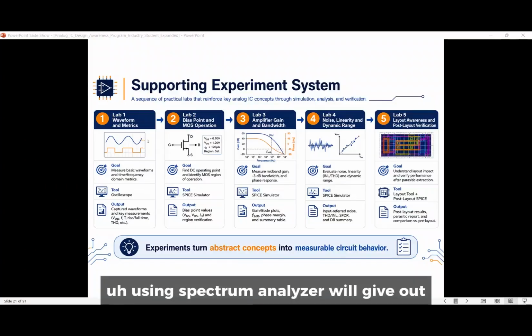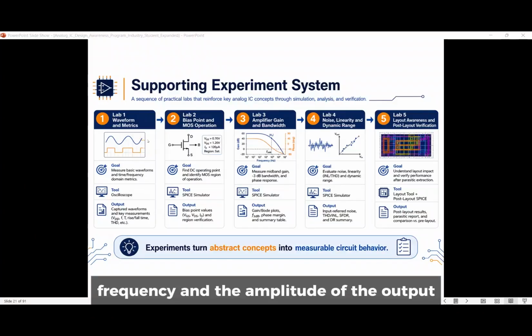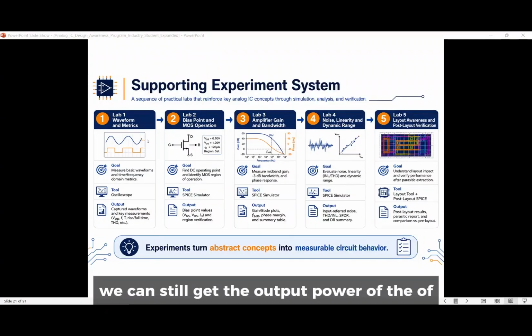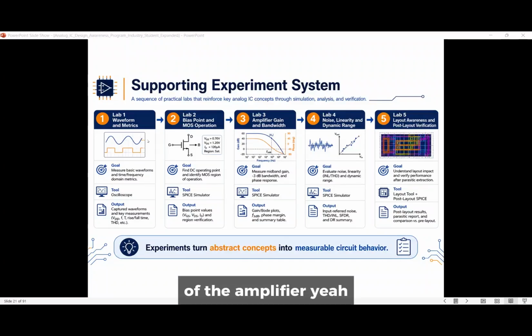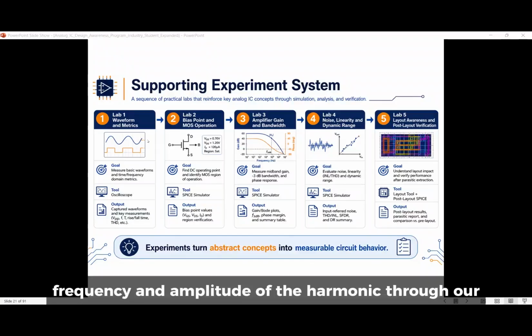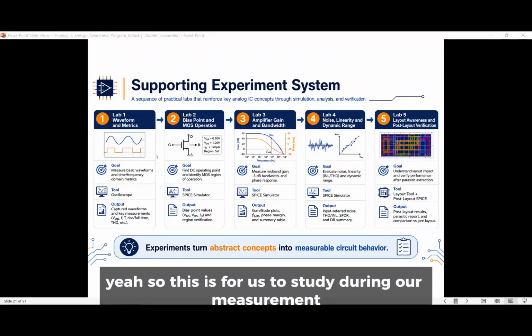Using a spectral analyzer will give us the frequency and the amplitude of the output. Through this way we can also get the output power of the amplifier, so we can evaluate the true power of the amplification, and we can also evaluate the harmonic frequency and amplitude of the harmonics. So this is for us to study during our measurement.